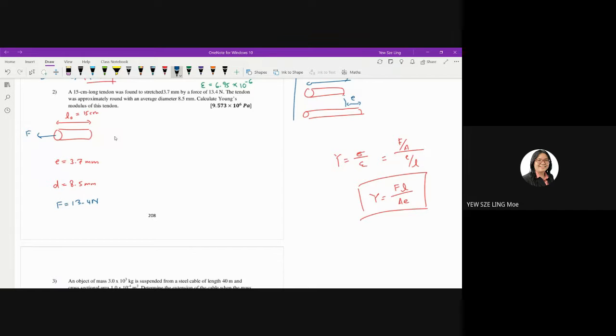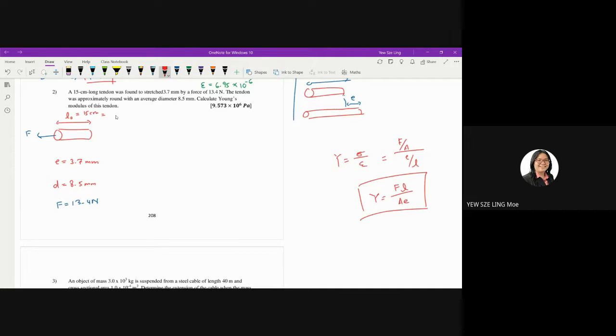Because when it comes to chapter 11, usually all these variables have different units, because elongation is usually very small. So elongation and original length usually have different units. It's a good idea to write down everything first and then change everything into SI unit.